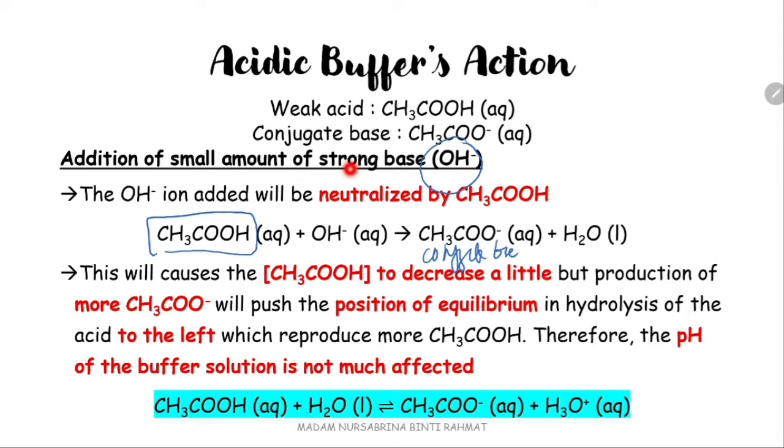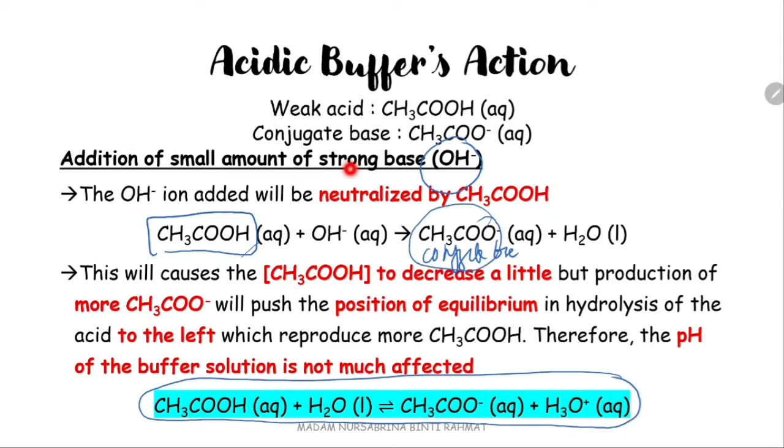According to the dissociation equation of ethanoic acid in water, it is a reversible reaction, so it lies in equilibrium. The added hydroxide ion will be neutralized by the weak acid, thus our weak acid concentration will decrease, but we are producing more of our conjugate base.